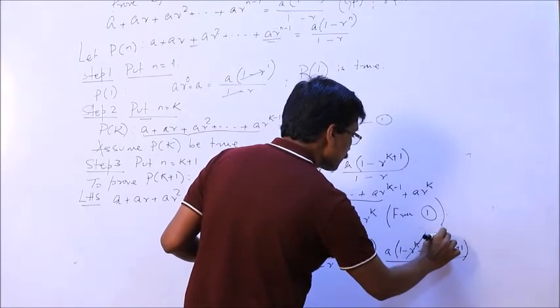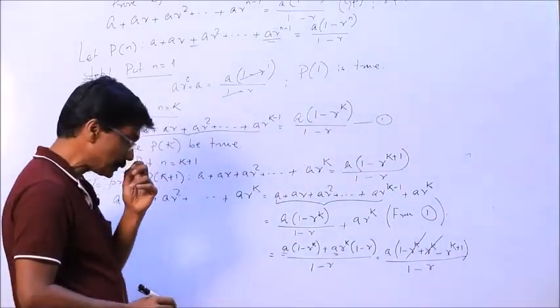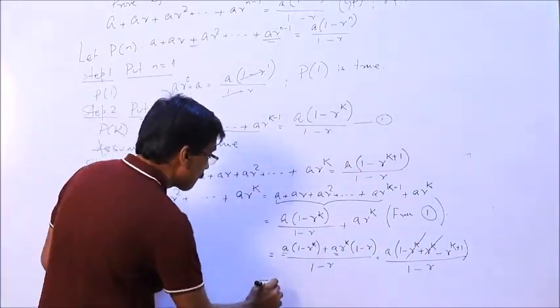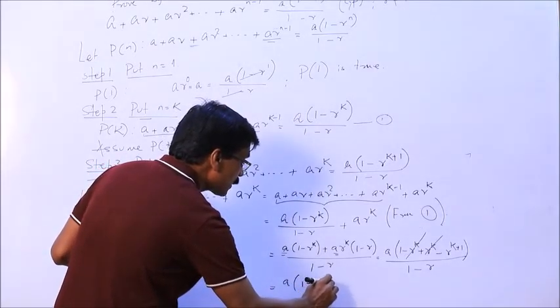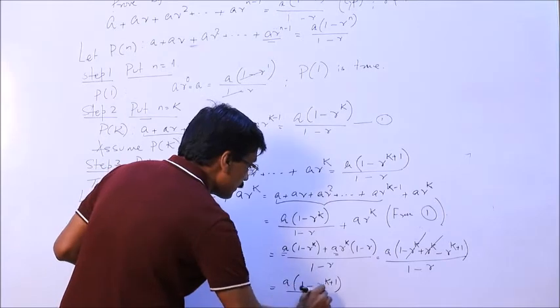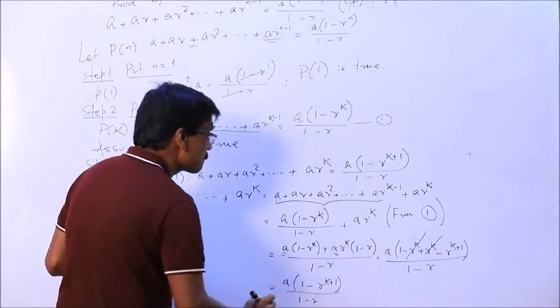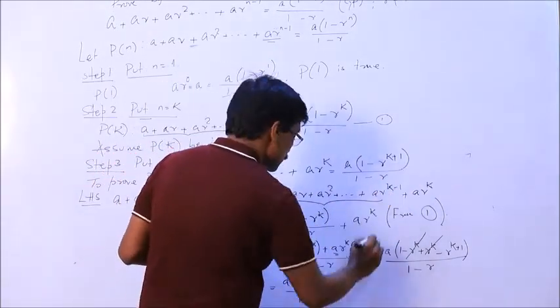The r to the power k term cancels out. So, that is equal to a into 1 minus r to the power k plus 1 divided by 1 minus r. So, this is your RHS.